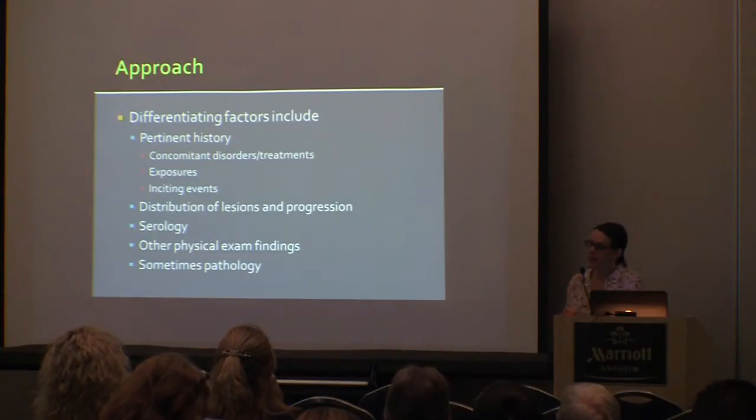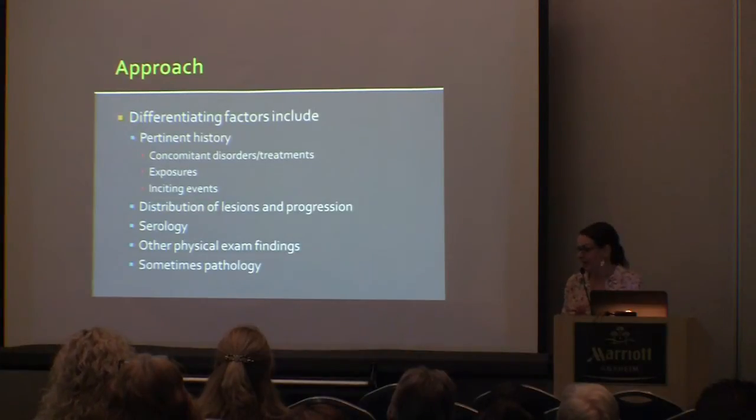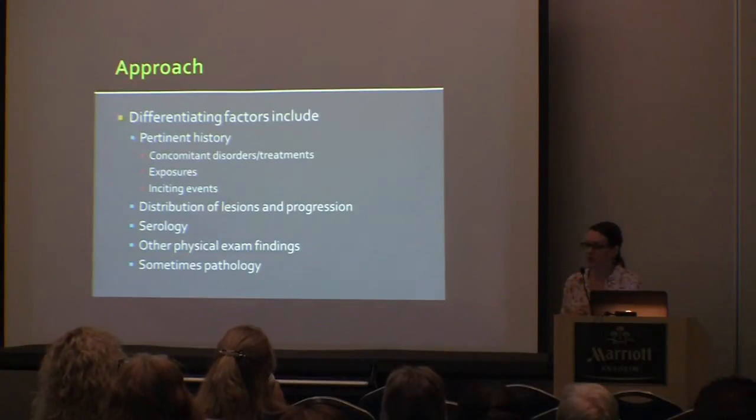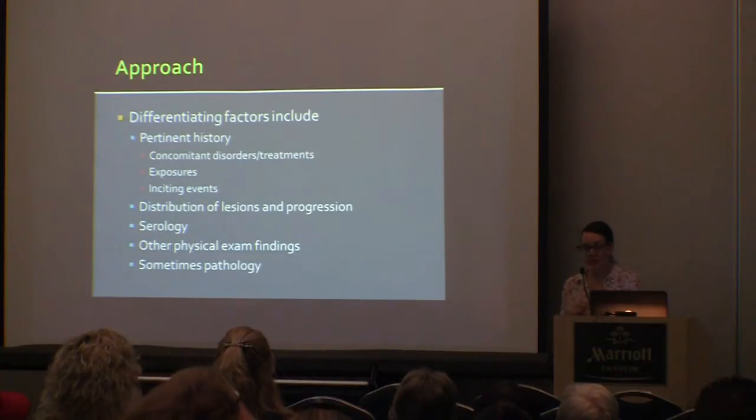And remember, we talked about how radiation as well as chemotherapeutic agents can cause skin lesions that look like Morphea. So I always ask them if they have recently had any exposures or treatments for cancers. And I also look for any inciting events, which means have they had surgery or radiation therapy before these areas started.